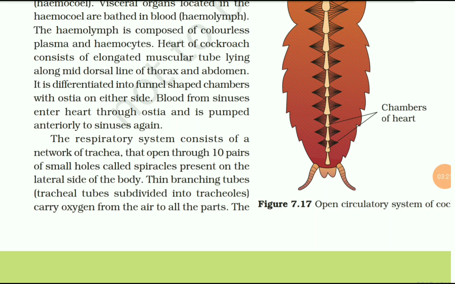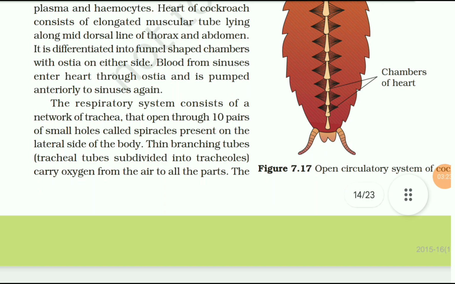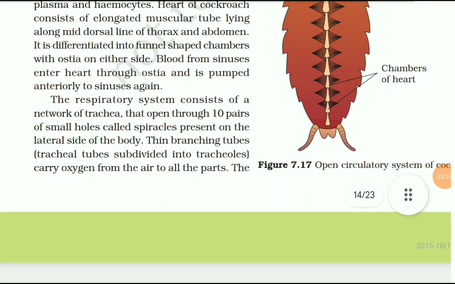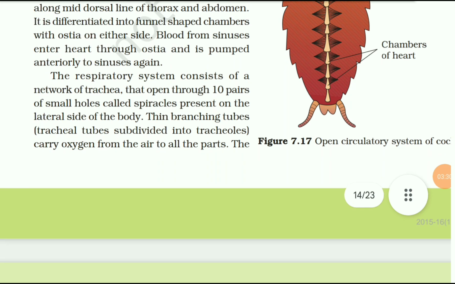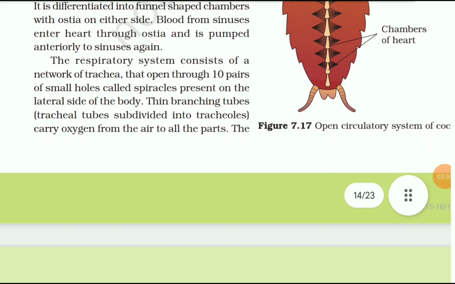At the junction of midgut and hindgut is present another ring of 100 to 150 yellow-colored thin filamentous Malpighian tubules. You could say thick instead of thin, but thin filamentous Malpighian tubules is correct. They help in removal of excretory products from hemolymph. The hindgut is broader than midgut and is differentiated into ileum, colon and rectum. The rectum opens out through anus.